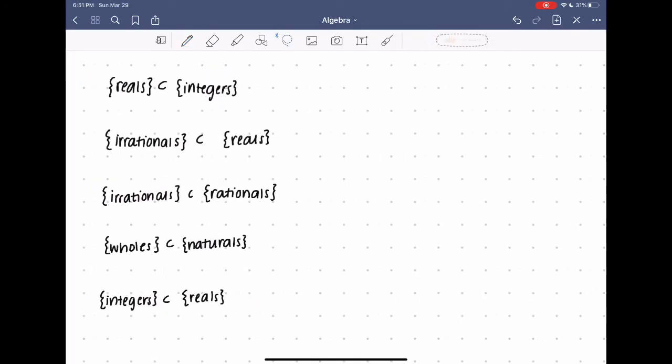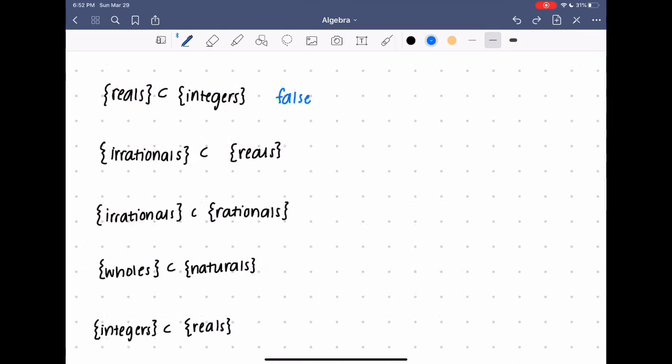Okay, we need to determine if these statements are correct. For number 1, are real numbers a subset of integers? Well, real numbers are the heading of everything. Everything is a subset of real numbers. But real numbers can't be a subset of anything else because real numbers include things like irrational numbers, but integers do not have irrational numbers. So this statement would be false.